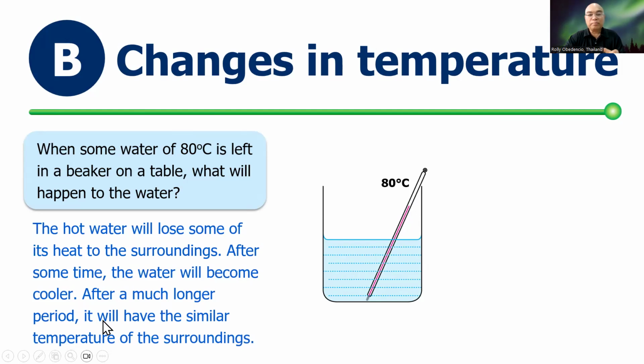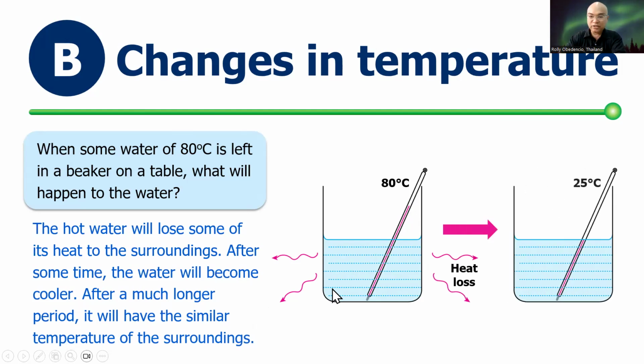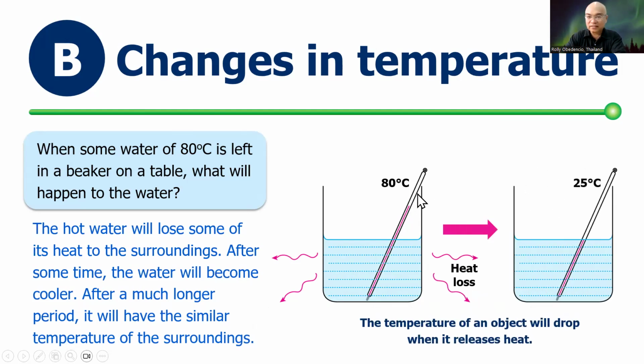After a much longer period, it will have a similar temperature to the surroundings. Why is that? You see there's a heat loss from 80 degrees Celsius to becoming 25 degrees Celsius. The temperature of an object will drop when it releases heat.